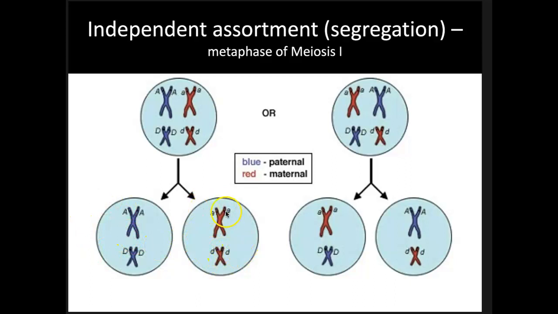The one next to it has all the material from the maternal complement, but then this one over here has a combination of both maternal and paternal genetic material. And so this process of segregation or independent assortment creates already something new. It creates variation that did not exist previously.